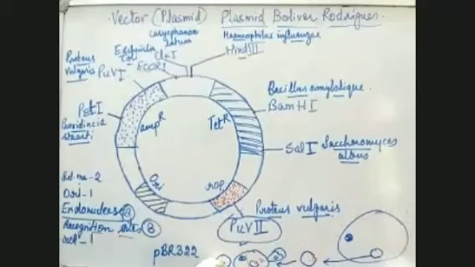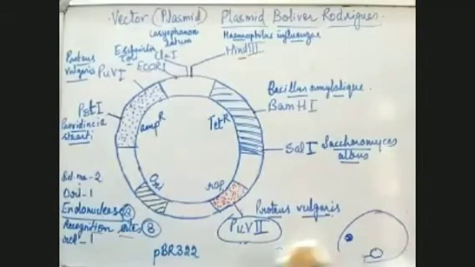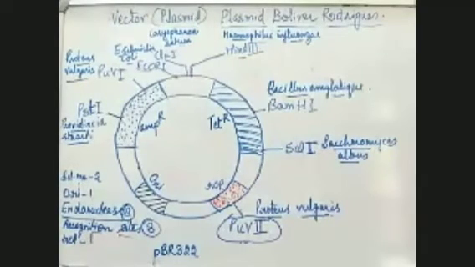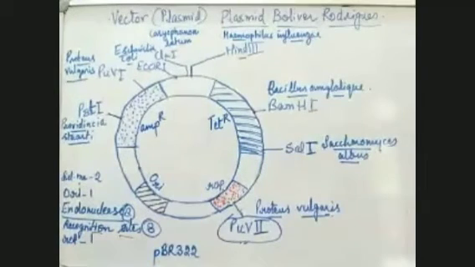Now there are some vectors which were artificially made by the scientists, and these were used as vectors to carry our desired gene. Our desired gene was introduced somewhere near the ori.